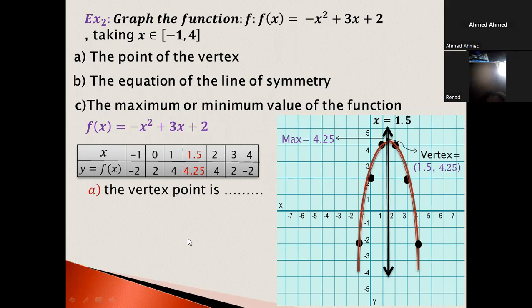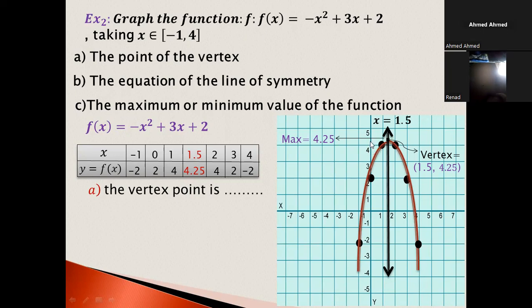Now we need to find the vertex point of the curve. This point represents the vertex point of the curve. Its first projection is in the middle of the element 1 and the element 2, so it represents the element 1.5. The second projection is here.